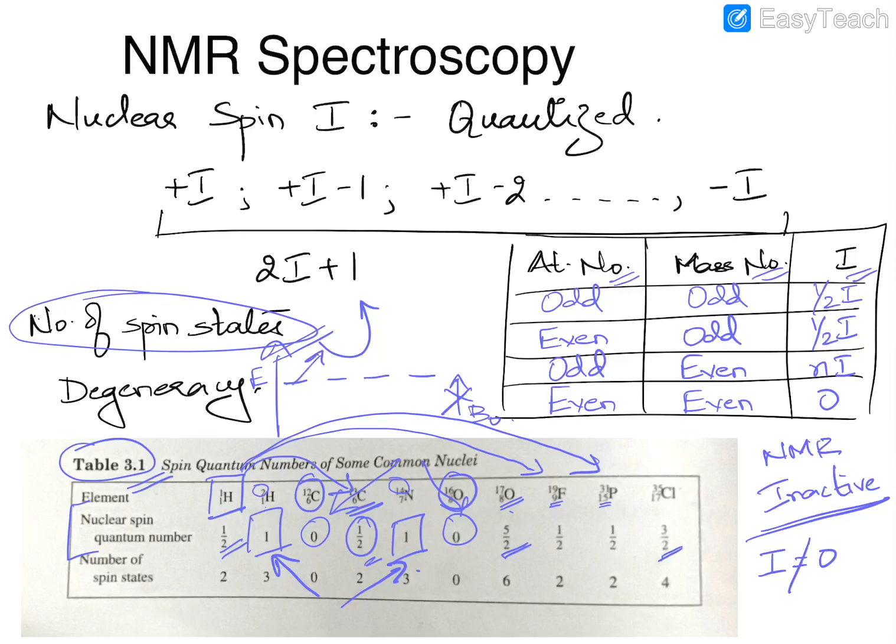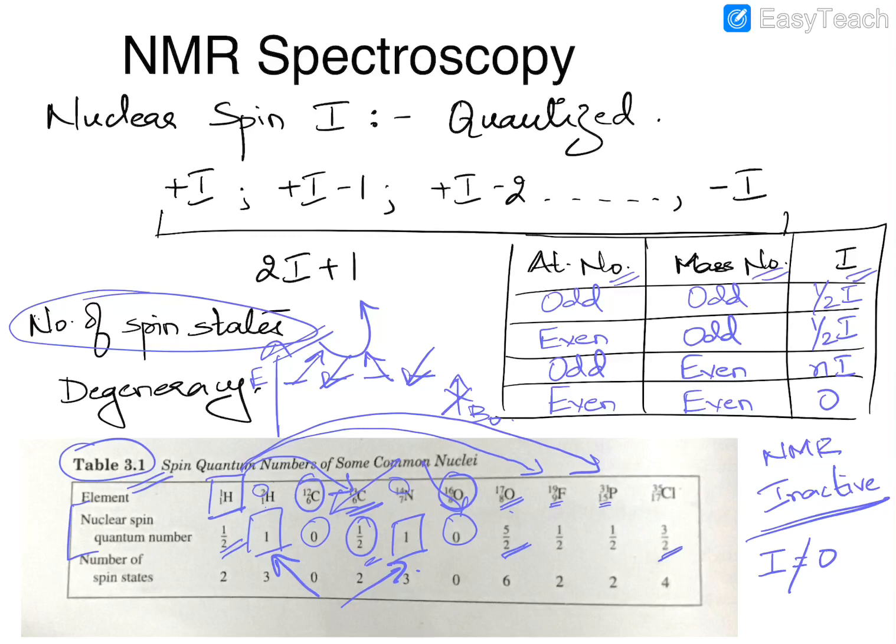Each nucleus with some characteristic spin quantum number is oriented randomly in three-dimensional space, and these random orientations of the many nuclei in that molecule cancel each other out, so there is no net spin exhibited by that substance.